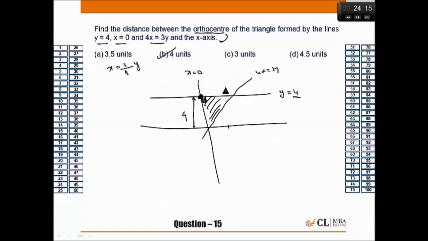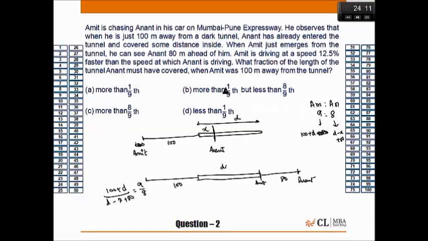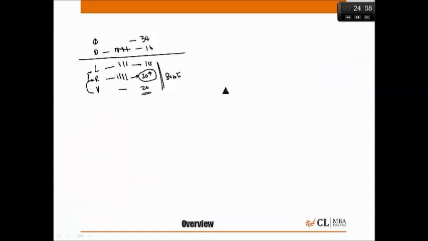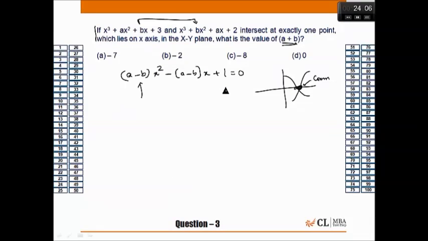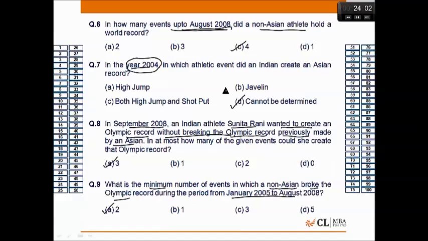13. Okay, which one should I do next? Let's try one more DI. This is 17 to 20.